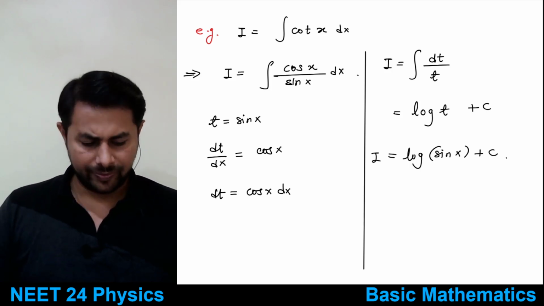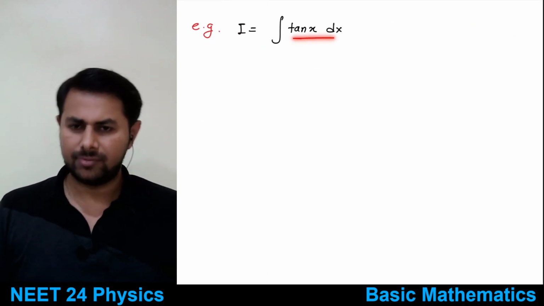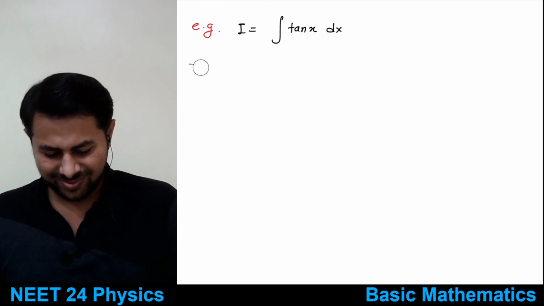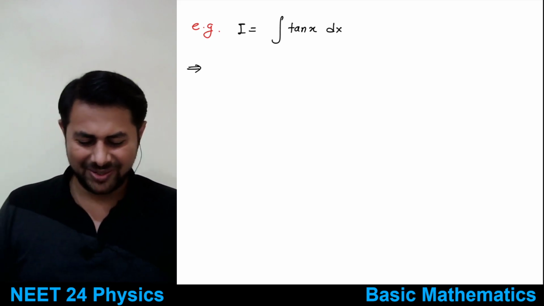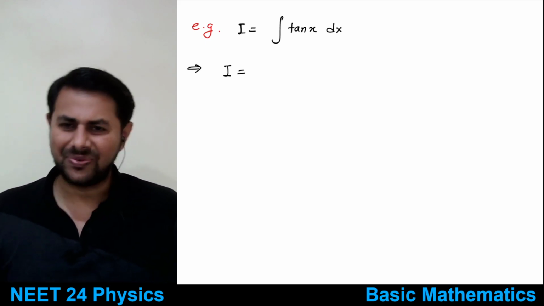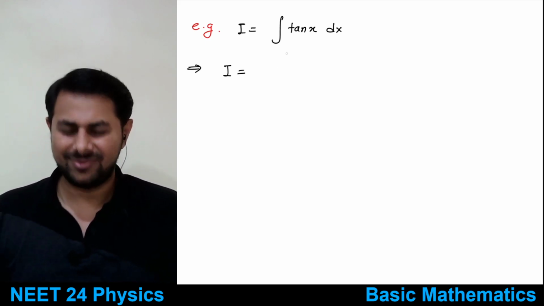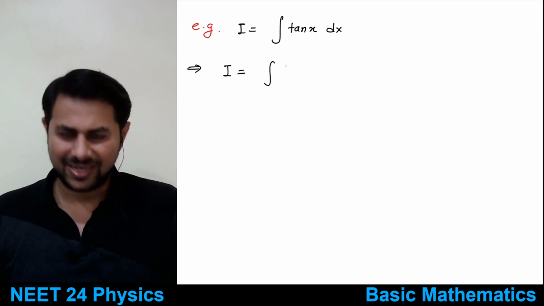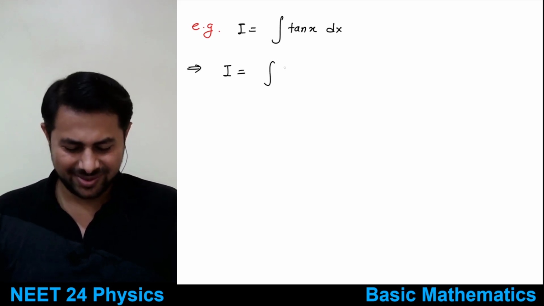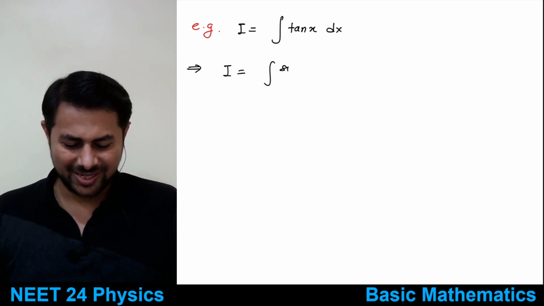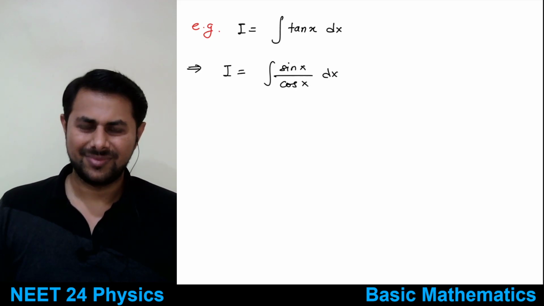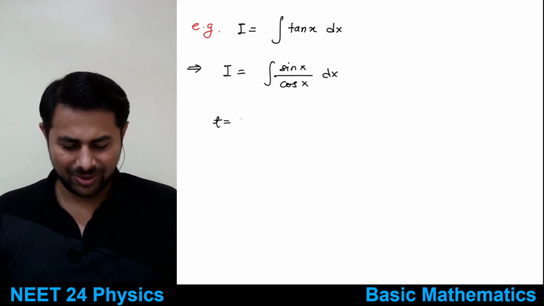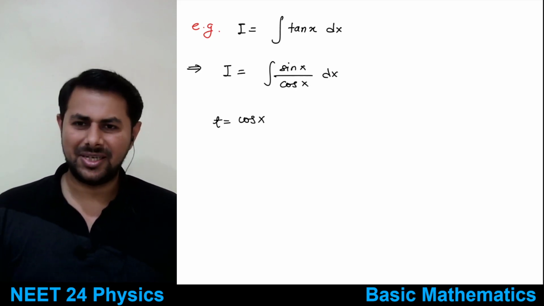Okay, good. Then similarly you have tan of x. Can somebody tell me what will be its integral? So tan x can be written as sin x divided by cos of x dx. Put t equal to cos x, take its derivative.